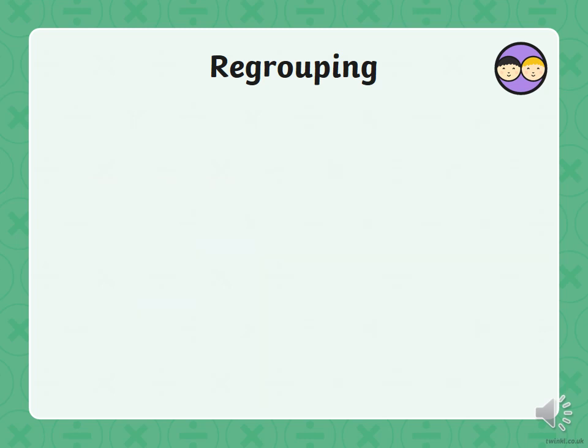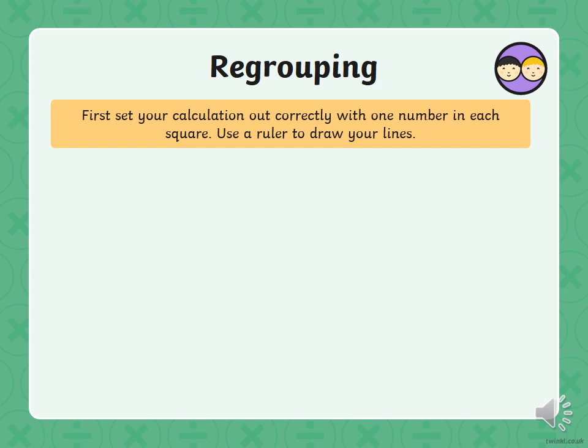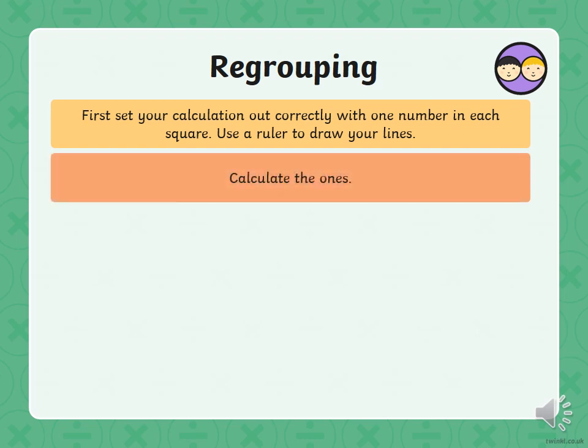Okay. Now, first set out your calculations correctly with one number under each square. That's the most important thing when multiplying, adding, or even taking away: making sure that you have set the calculation out correctly and accurately, the correct numbers under the correct columns. Then we start off with calculating the ones.